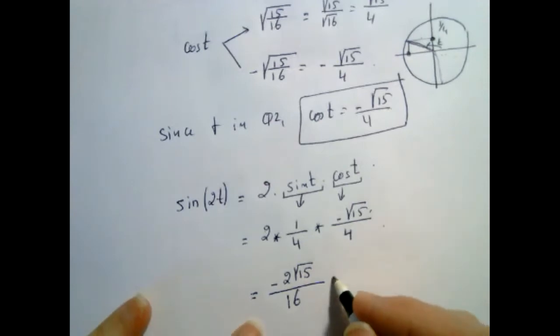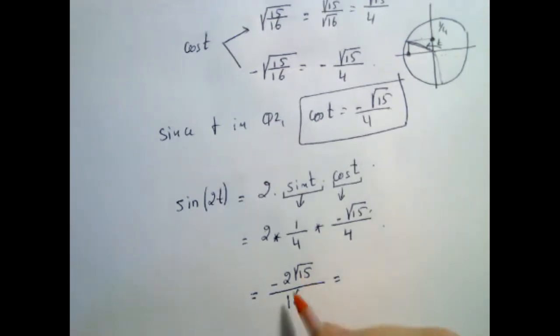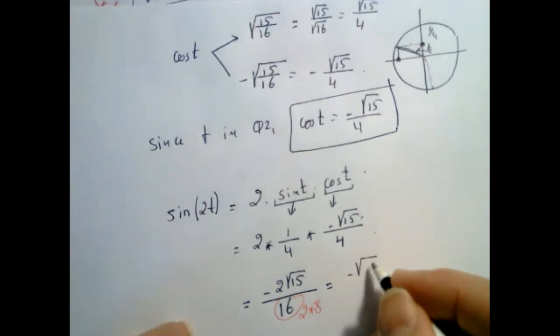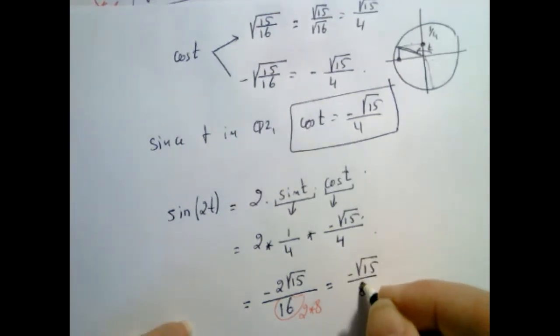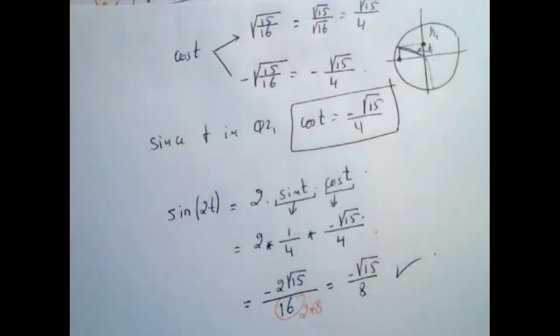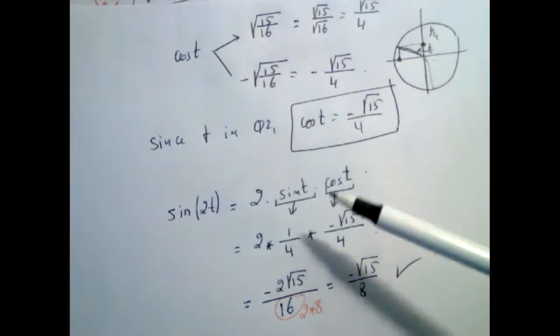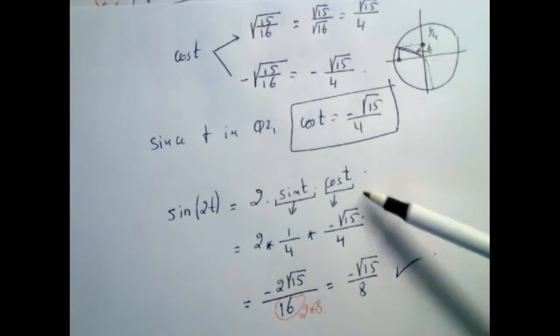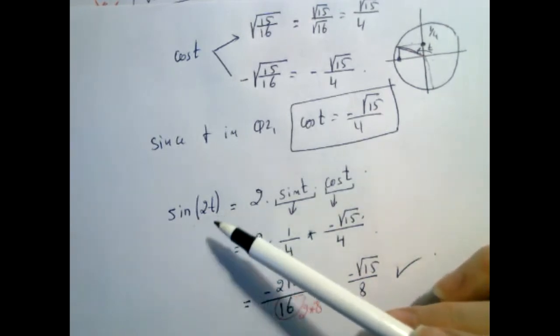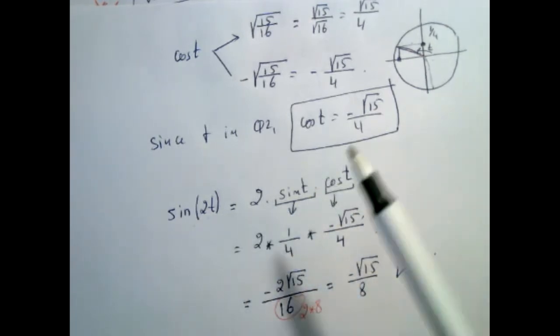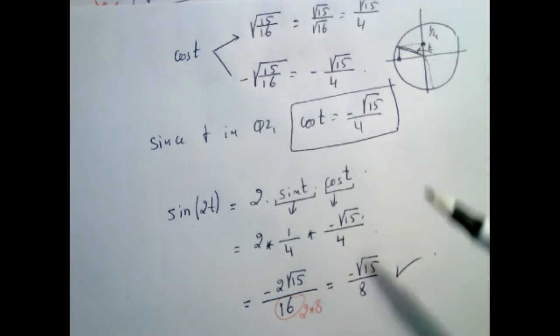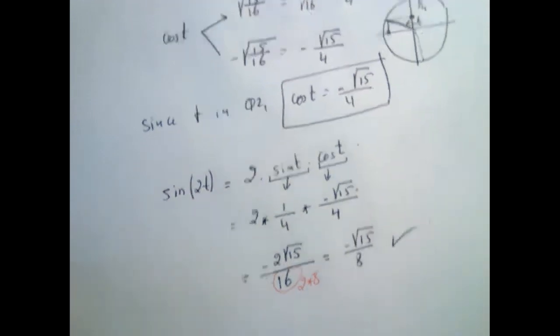Now, there is one thing we can do: I can simplify by 2 because it's a common factor in numerator and denominator, and it will leave me with that. That's the sine of 2t. So if I know the sine of t and cosine of t, I can find the sine of double the angle 2t without having to find the angle. Because sometimes we want the exact value, and this is really the exact value.